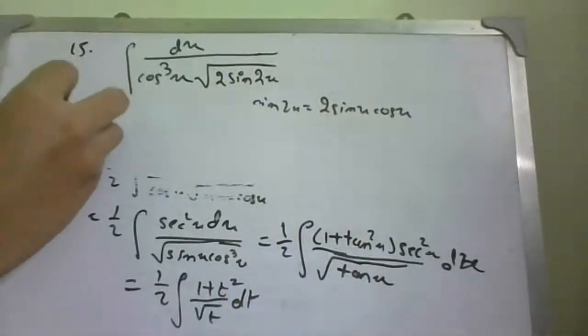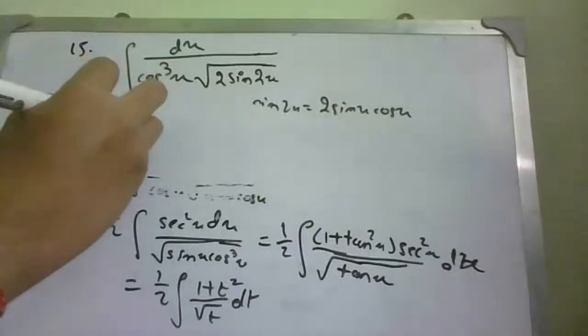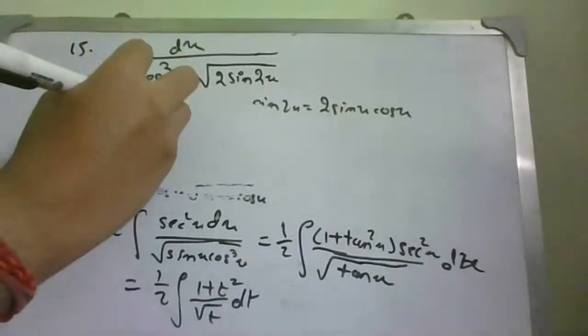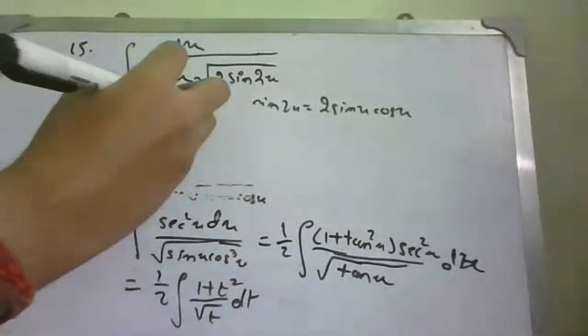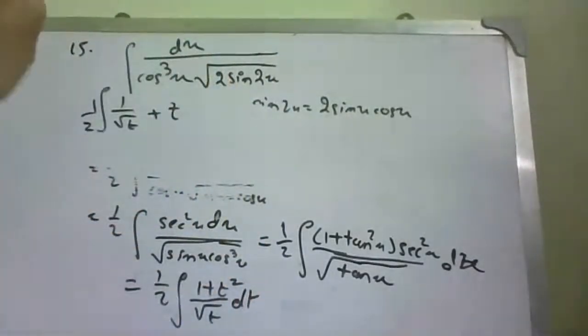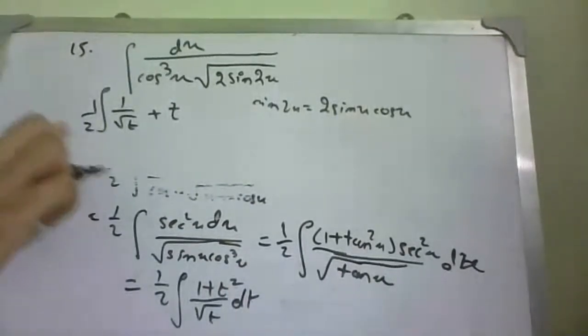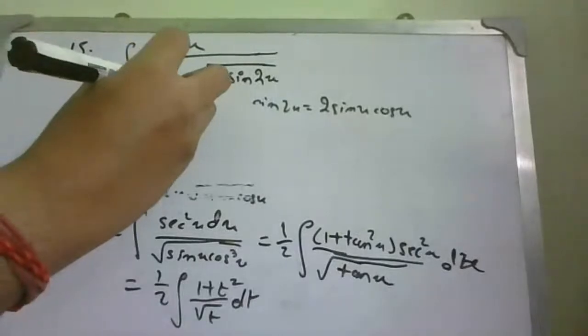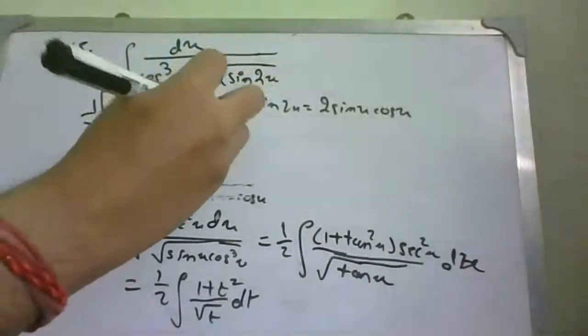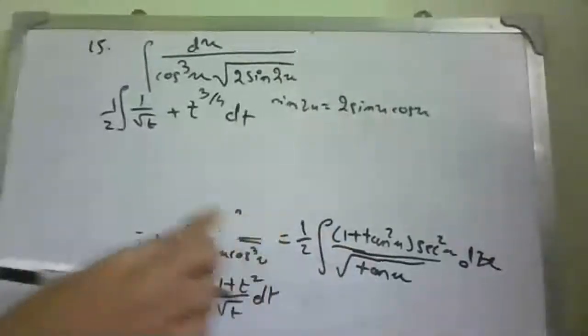We basically have half times integral 1 over root t plus t to the power of 2 minus half. 2 minus half is how much? 2 minus half is 3 by 4. dt.